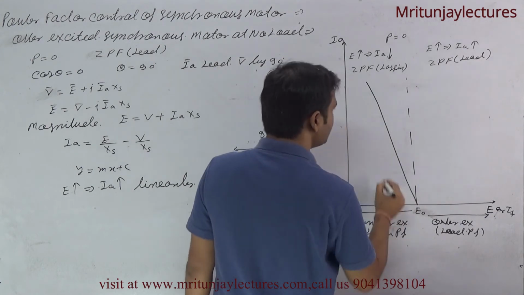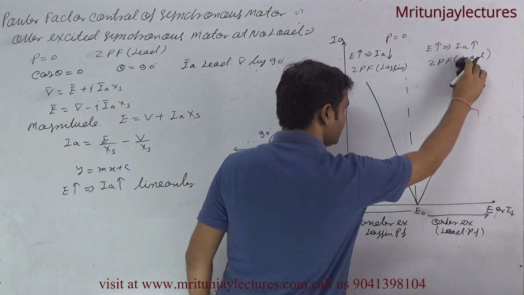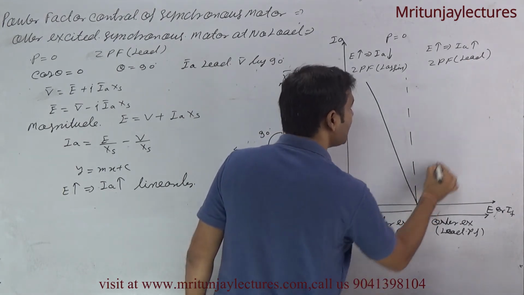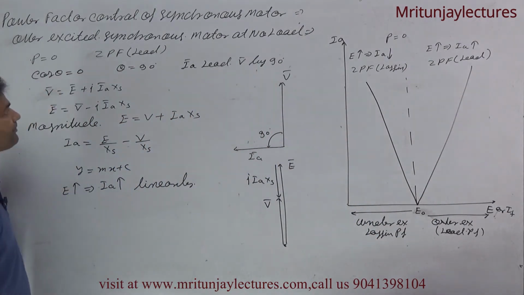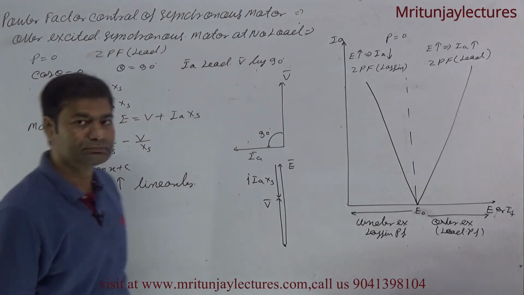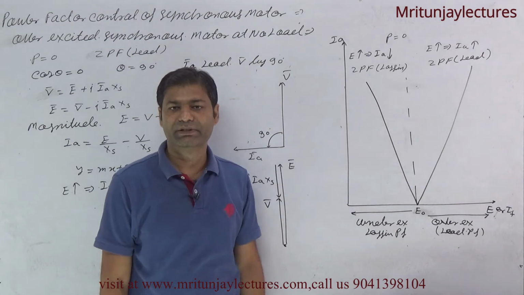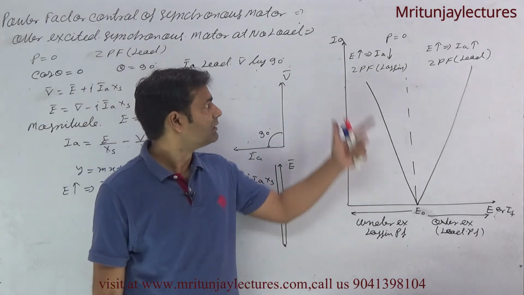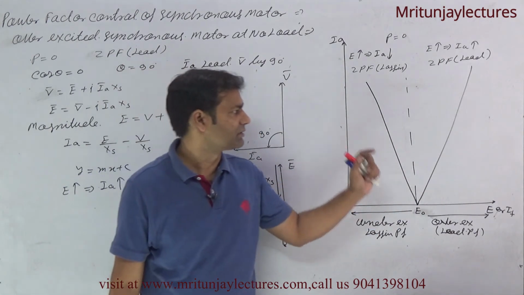Clear? This region also represents like this one. Clear? This represents the exact V curve. At no load, IA versus E represents the V curve like this one. Clear?